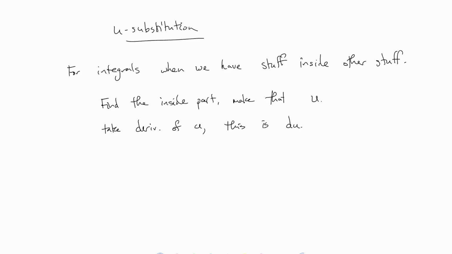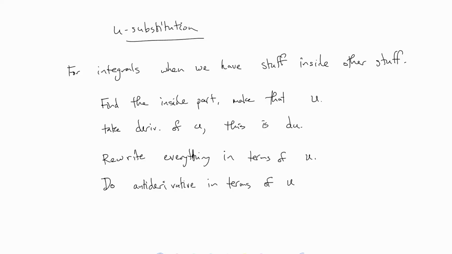And then you rewrite everything in the integral. Usually, the integral starts off as being some stuff involving some other variable x. You rewrite everything inside the integral in terms of u instead of in terms of x. And then you do the integral in terms of u, that is to say, the antiderivative in terms of u.